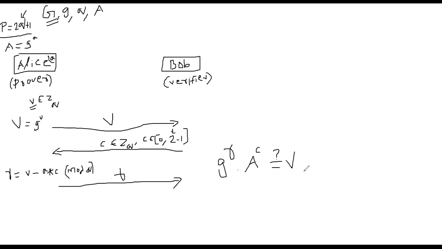Okay, let me now prove to you what is the meaning of this expression. So this is basically it. Bob was able to convince himself that Alice knows the private value small a. Okay, without Alice revealing the small a's. Okay, that's the idea. All right.